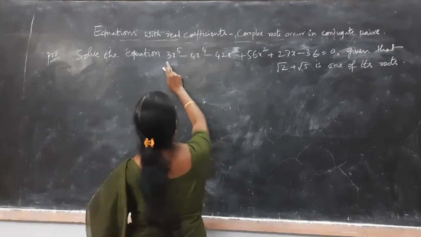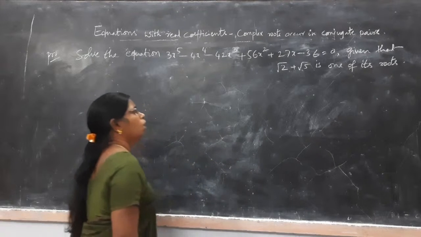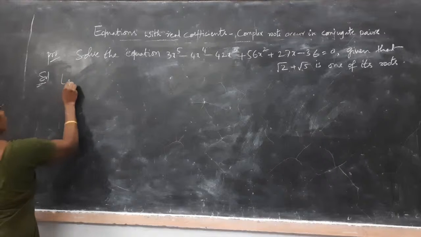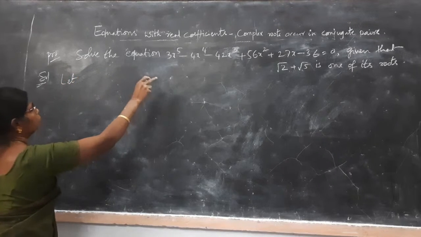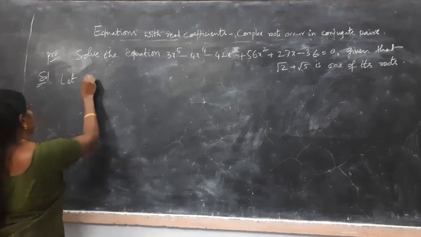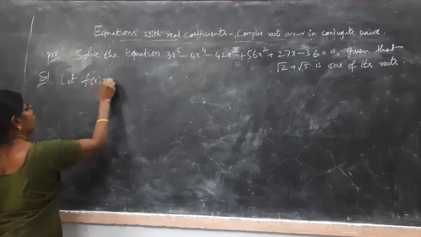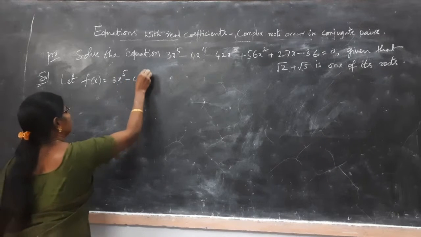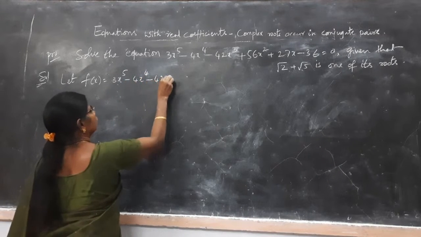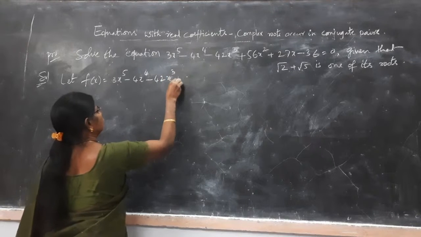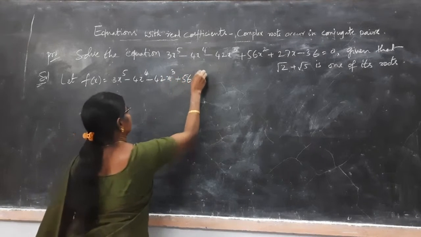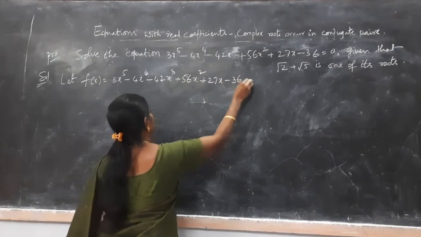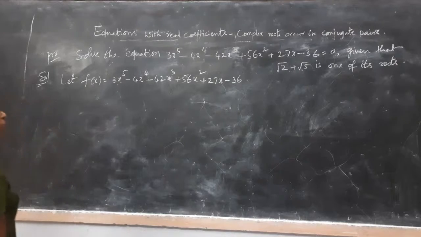First of all, you observe that all the coefficients are rational numbers, 3, minus 4, they are all rational numbers. So let fx be equal to, ఇలా రాస్తున్నాను. ఓకే, దిస్ ఇస్ అవర్ fx.